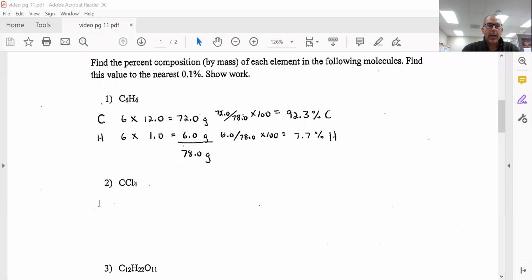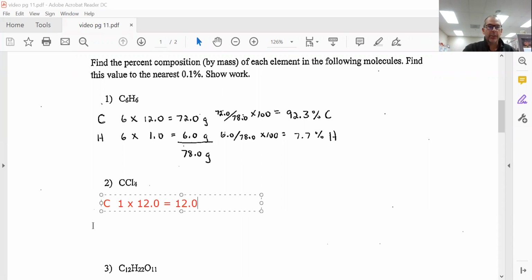Again, I'm not going to look up the periodic table, but for carbon, I don't want to take the atomic number of 6. I want to take the mass of 12, the one with all the decimals. So 1 times 12.0 equals 12.0, and that would be my mass for carbon.